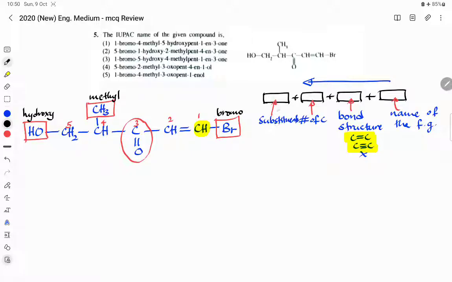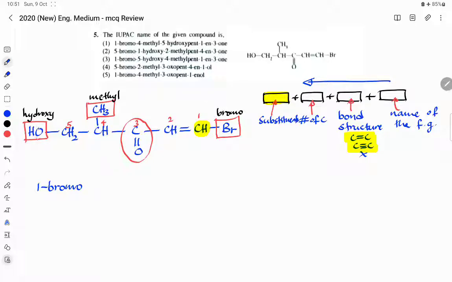The first part: the substituents. Let's construct this part first. All the substituents are arranged in the alphabetical order of the name of the substituent. Therefore, bromo comes first. So we can write 1-bromo.